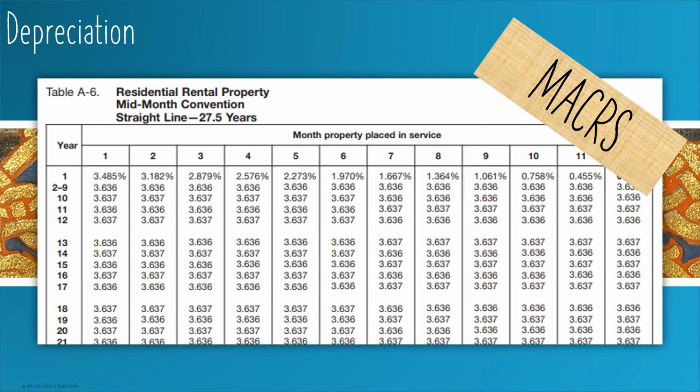So generally speaking, you're going to see properties that use the modified accelerated cost recovery system as the method of depreciation, and they're going to use straight line for a building. So they're just taking the total amount of the basis and evenly distributing it out over, in the case of a residential rental property, 27 and a half years.